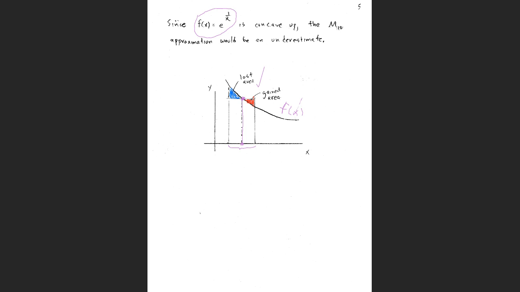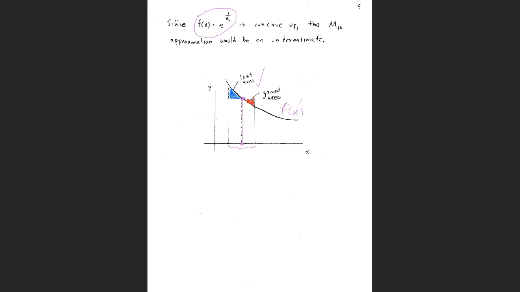So that means the area gained is less than the area lost. So does the midpoint rule over-approximate?